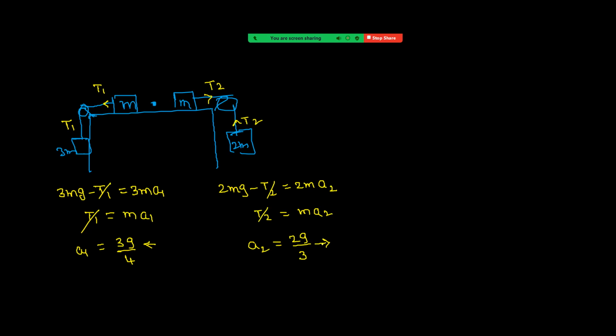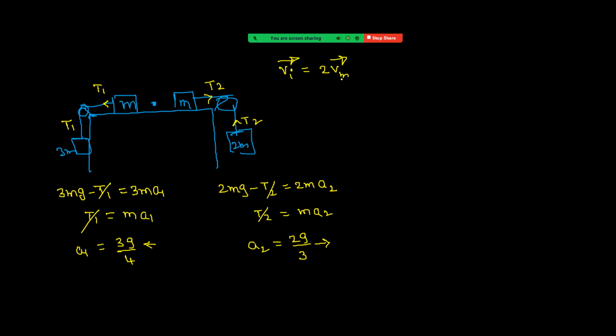Okay. So we got accelerations for the blocks, right? Now we can see that because of the motion of the mirror, the velocity of the image will be twice the velocity of the mirror, right? Getting it?